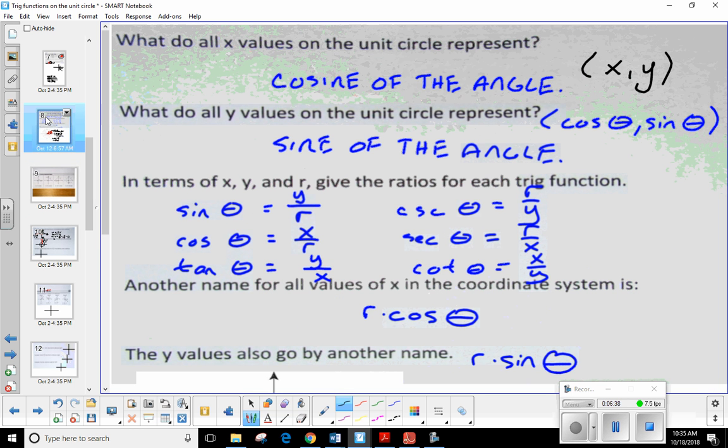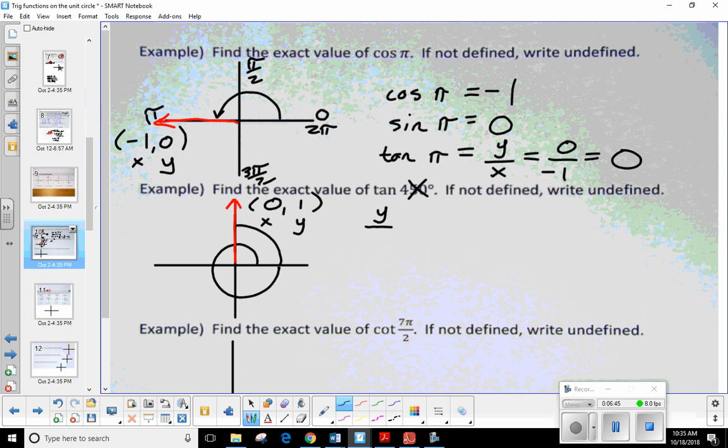Tangent was the y divided by the x. See, the ratio tells you exactly what you want to do. I want to take the y value and divide it by the x value. Well, the y value is 1, the x value is 0. So we can't divide by 0. This is undefined. So I can't evaluate tangent at 450 degrees.